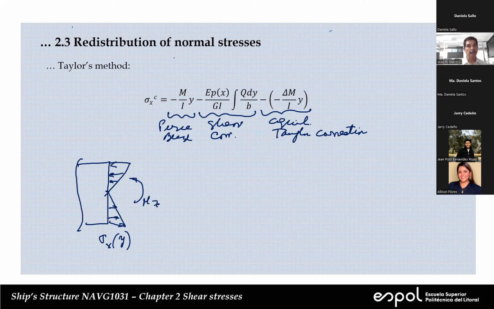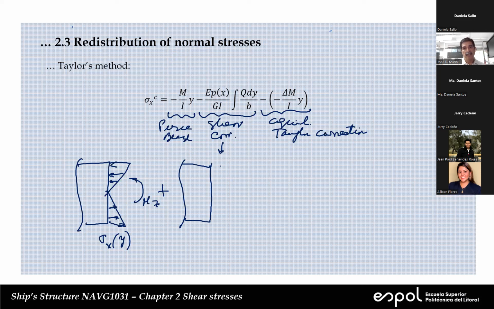So this is the first term. Now, we are saying that because the shear causes some axial displacement, we have another distribution of shear stress, or normal stress, I'm sorry. So we have the same section, and we're going to consider this.